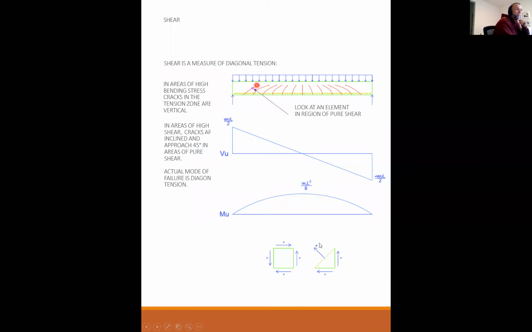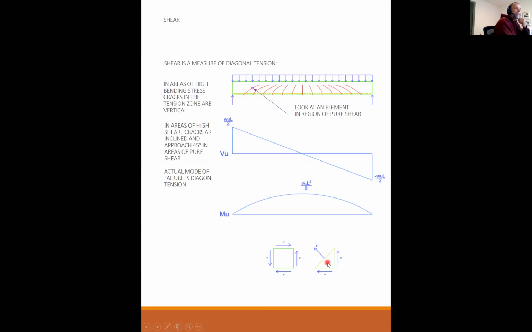Here's my element in pure shear. I have no normal stresses on this like you saw in mechanics of material because the moment is low. So if I do a stress transformation, and remember all this from mechanics, if I rotate my axes, I can rotate them to a point where the tension is at a maximum.